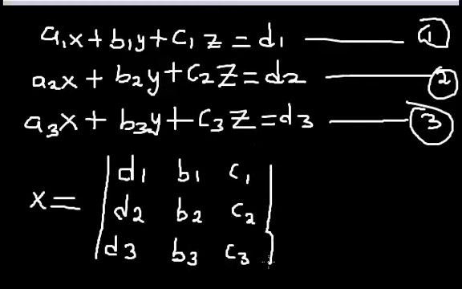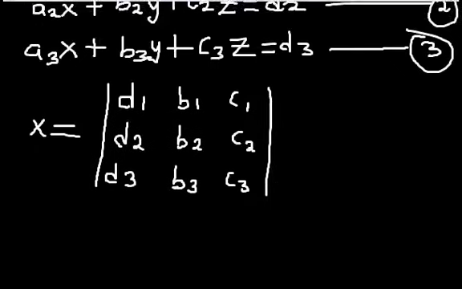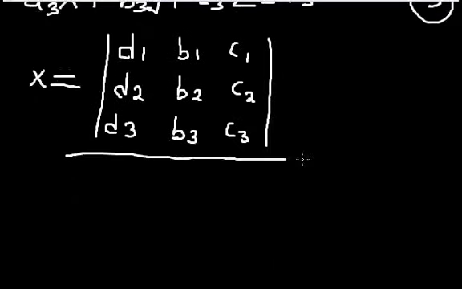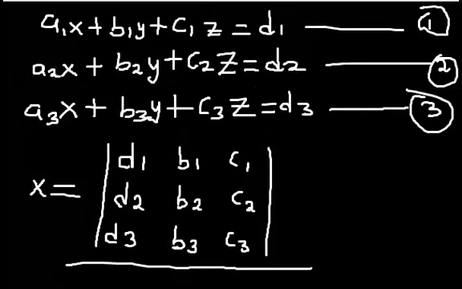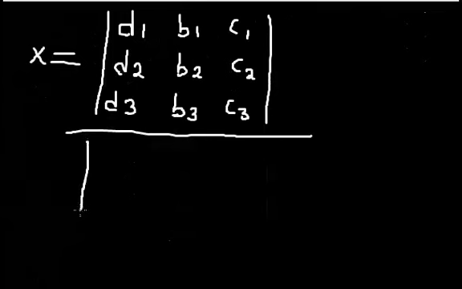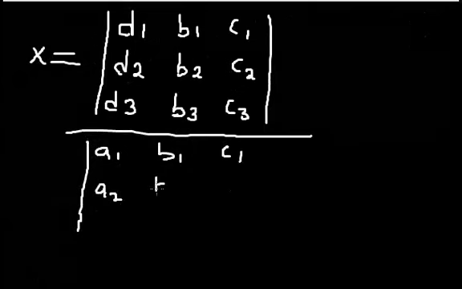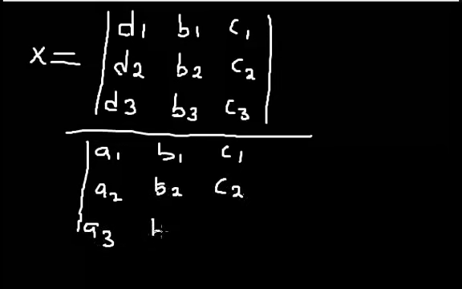So this is my numerator, then divided by the denominator, which you know what that's going to be. The denominator is going to be the coefficients of all the variables arranged in ascending order: a1, b1, c1, a2, b2, c2, a3, b3, c3.